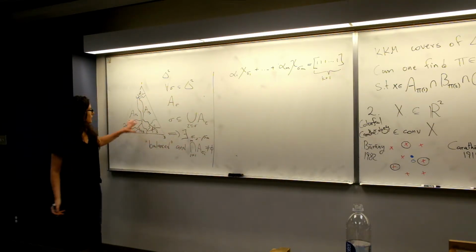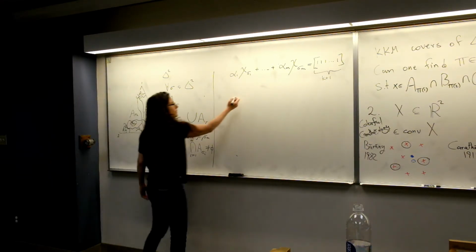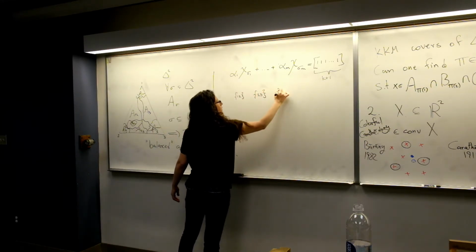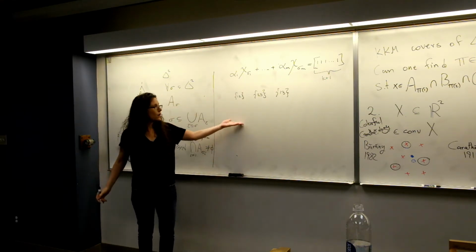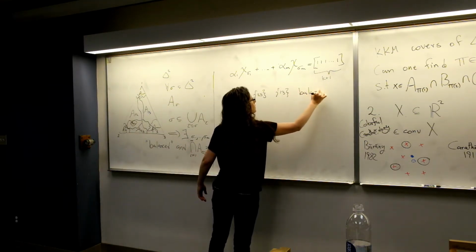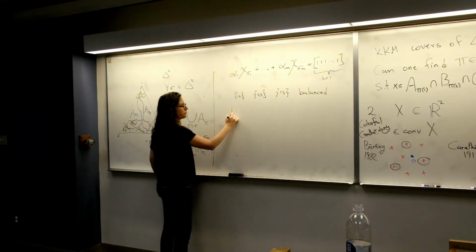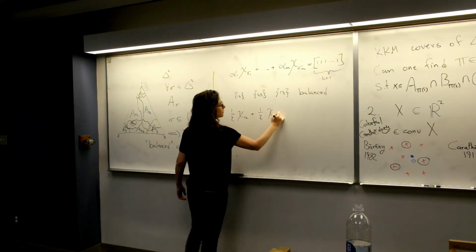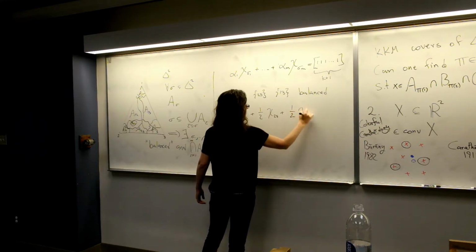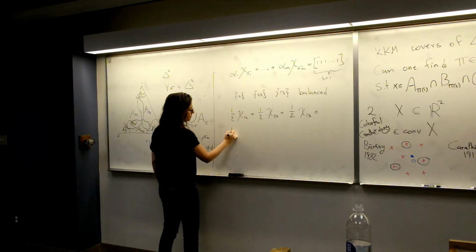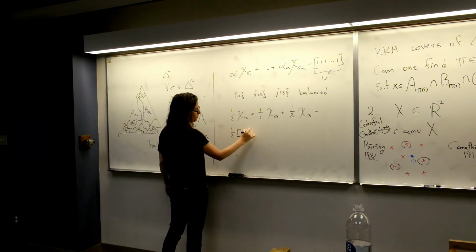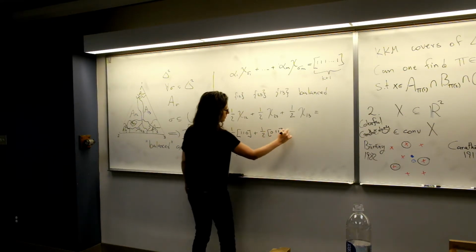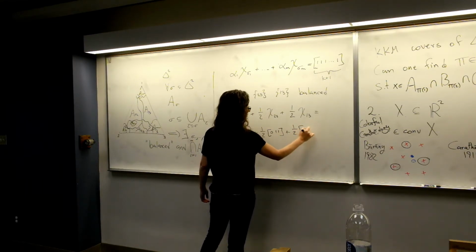Okay, so let us look at an example. For example, the faces 1, 2, 2, 3, and 1, 3 are balanced because we can give weights half to each vector, and this is just half times 1, 1, 0 plus half 0, 1, 1 plus half 1, 0, 1.